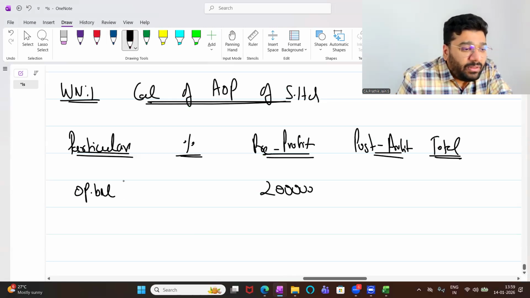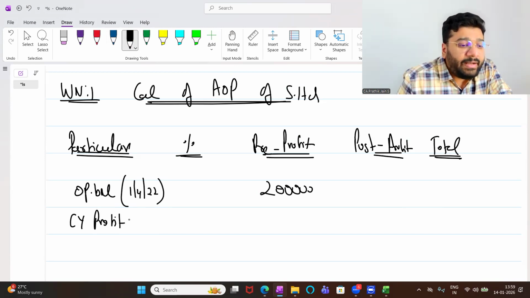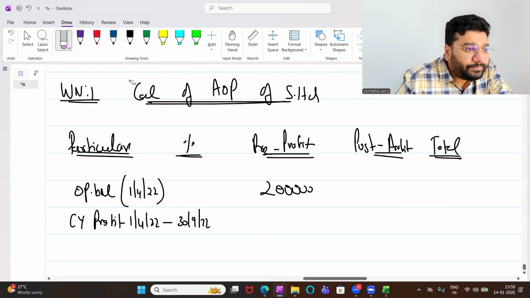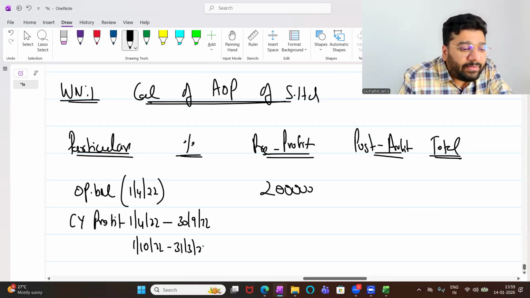Opening balance is 2 lakh, and this is on 1/4/2022. Then current year profit: 1/4/22 to 30 September 22, and from 1/10/22 to 31st March 23, I have to split separately.